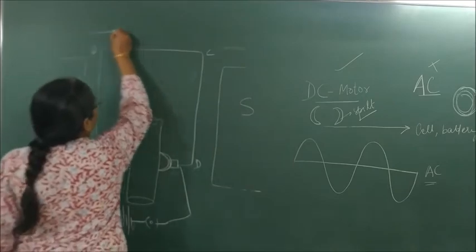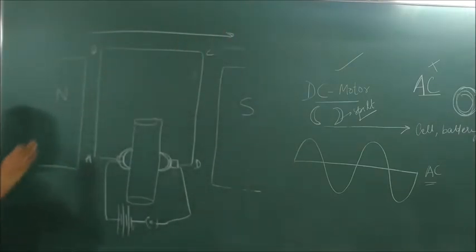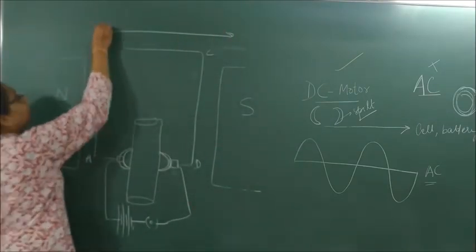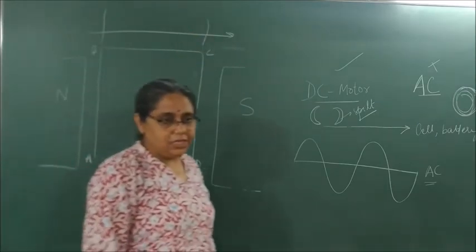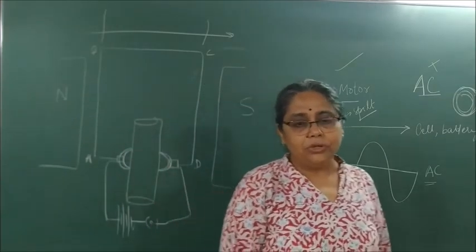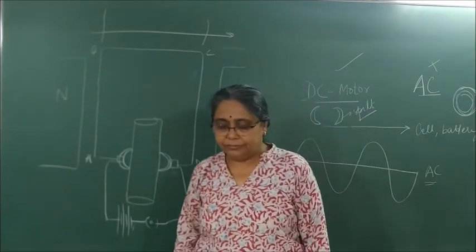Like this. How are arms AB and CD? Perpendicular to the magnetic field. Right. Such that the arms AB and CD are perpendicular to the magnetic field.